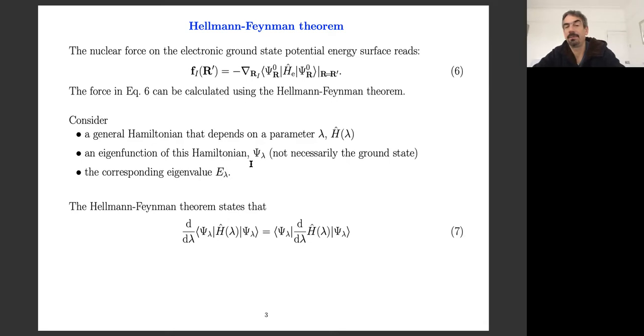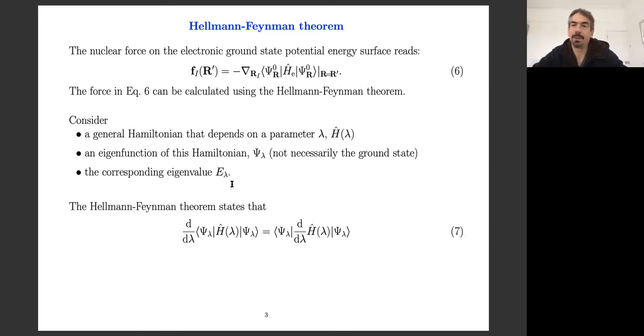This eigenfunction doesn't necessarily have to be a ground state. It can even be an excited state, and the theorem still works. And the corresponding eigenvalue to that wave function is E lambda. So the only condition is that these two are an eigenvalue and eigenfunction of H lambda.